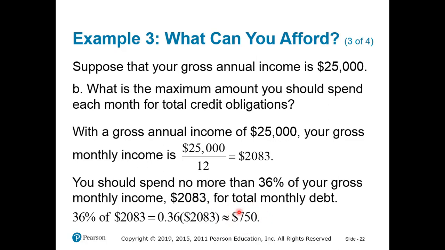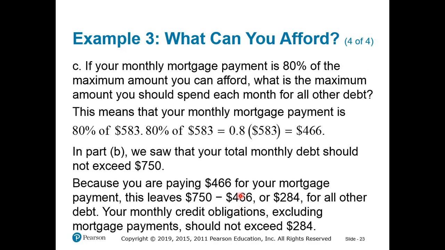That will tell us what we can pay on all other debts. 80% of 583 is 466. That's the mortgage payment they got.